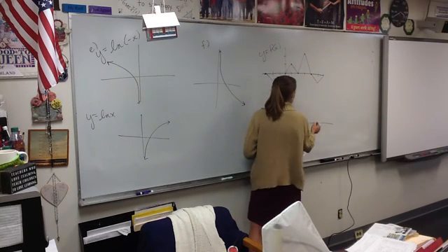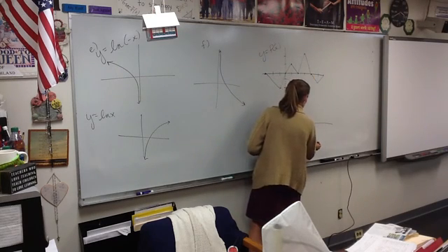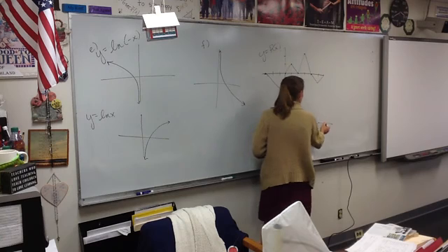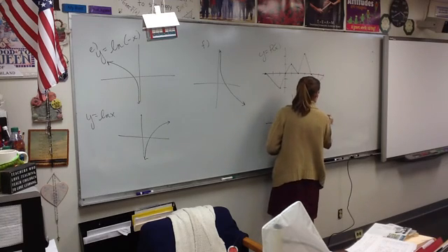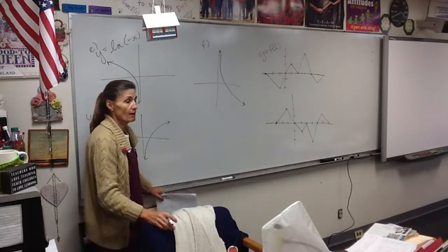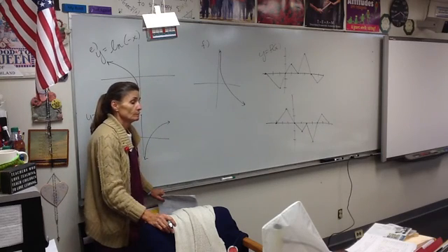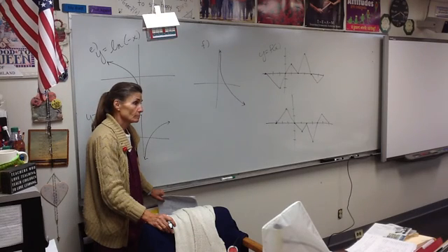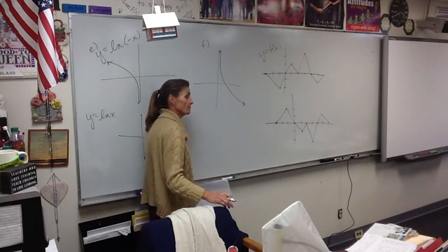This guy's 2 up, so he's going to have to go 2 down. He's 1 down, so he's going 1 up. And there's your picture. Turned upside down. Amazing. We're going to do 1 more, then we're done.